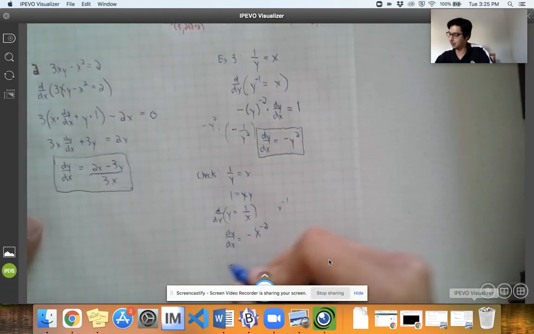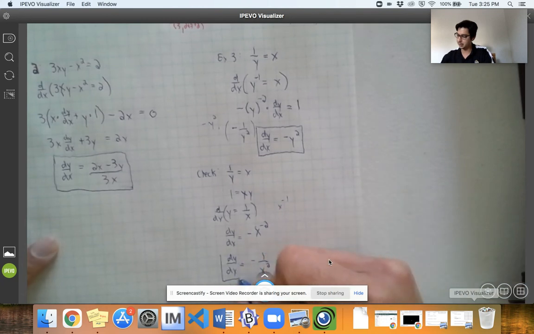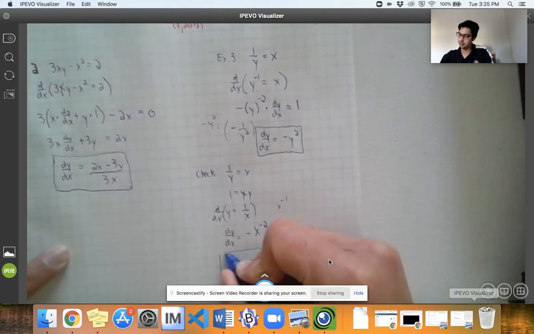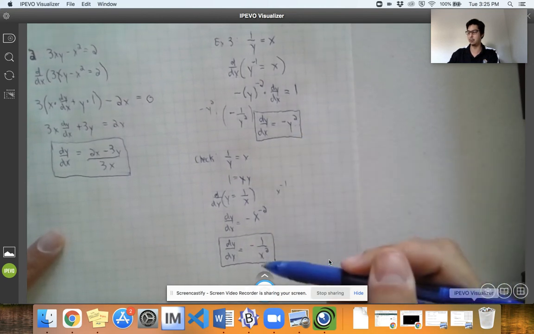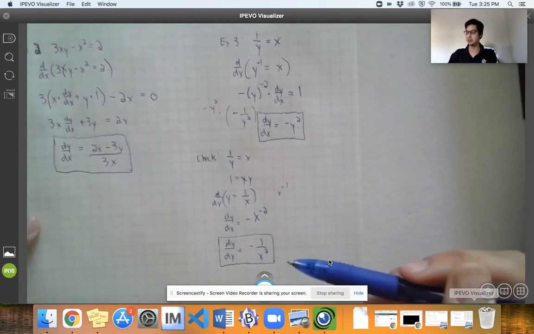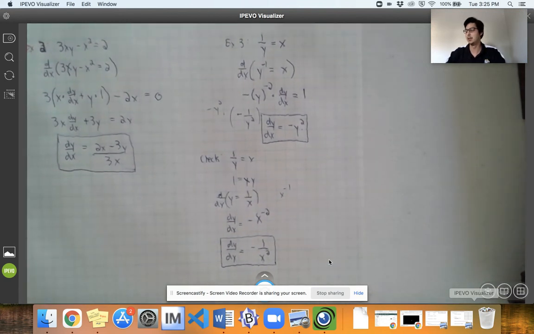Negative and subtract 1, which can be rewritten as negative 1 over x squared. What's interesting about this is those derivatives are different. One's in terms of y and one's in terms of x. Now, we will talk about that further in another day, but you can see how implicit differentiation works.